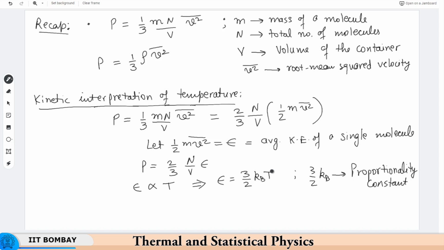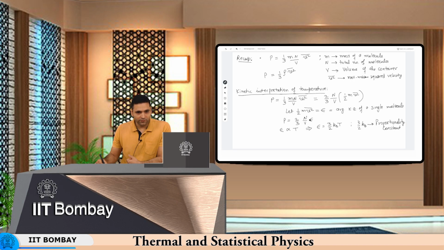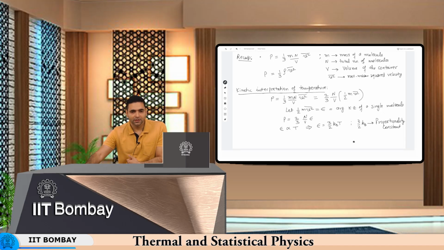I want to stress this at this point maybe one more time, right. So, therefore, what we can see is if we substitute this epsilon here, we get PV equals 2 by 3 N times 3 by 2 kB T, right.